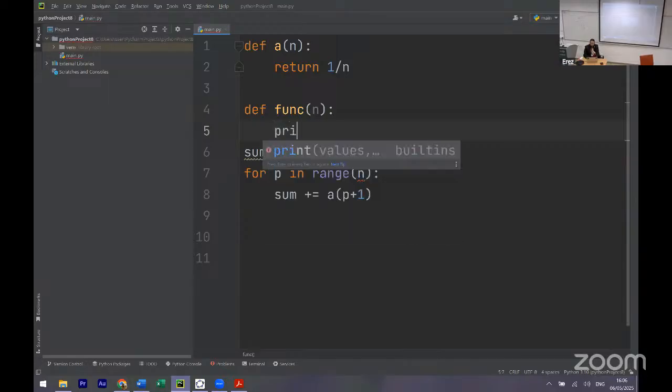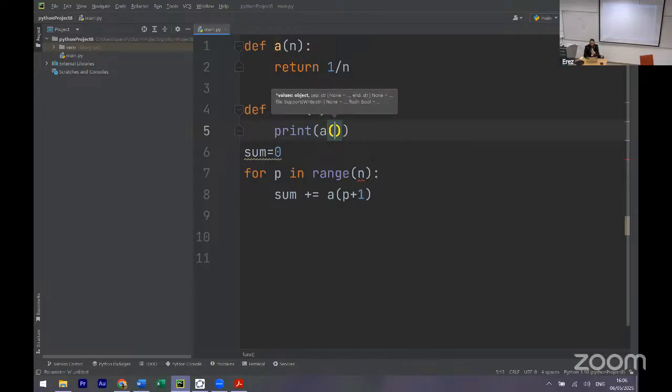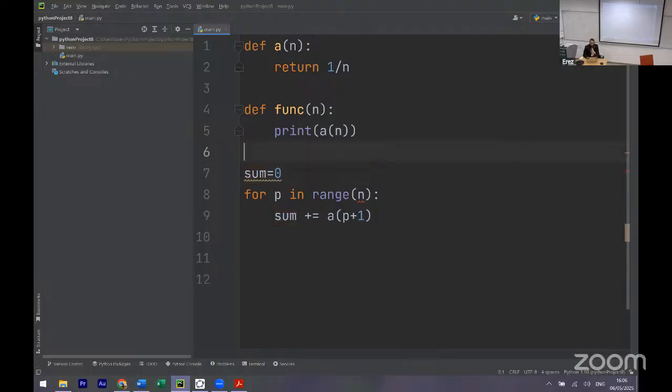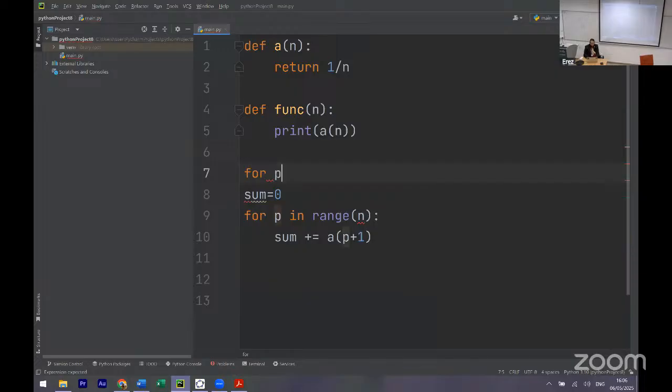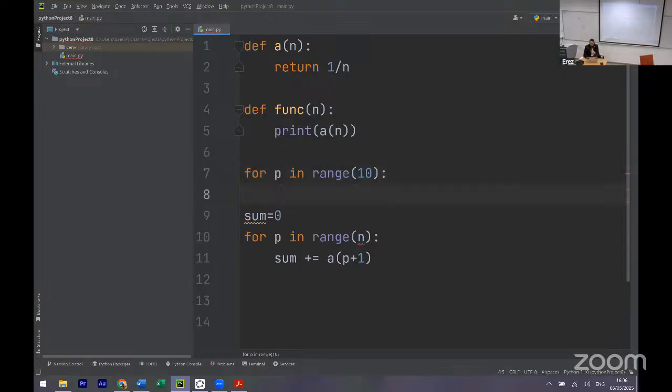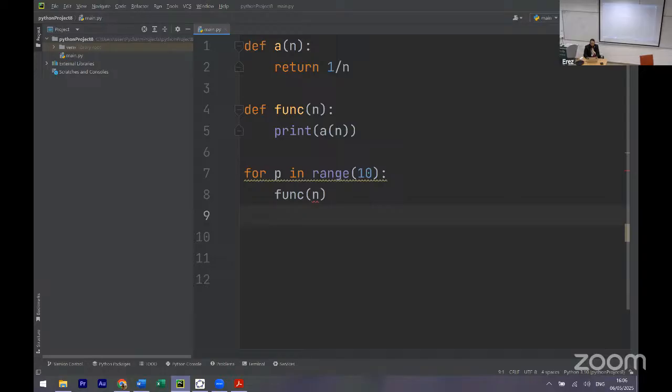If I ask for it to print A of n, and I'll do a for loop for p in range 10, and func n, this will print out the first 10 elements of the original sequence, hopefully.